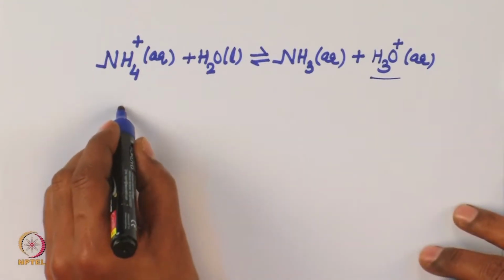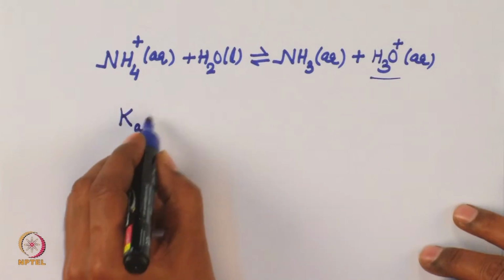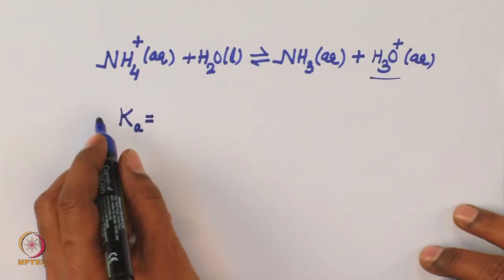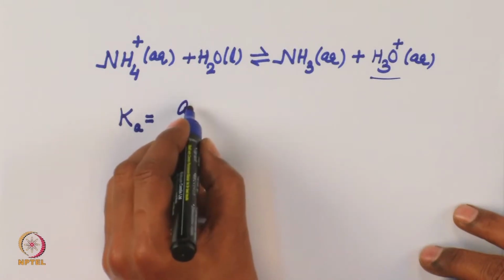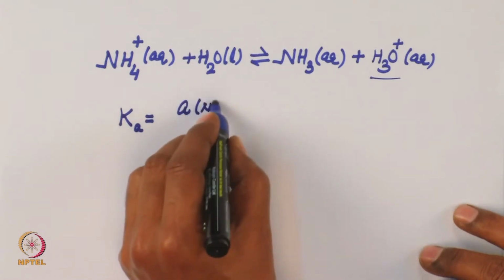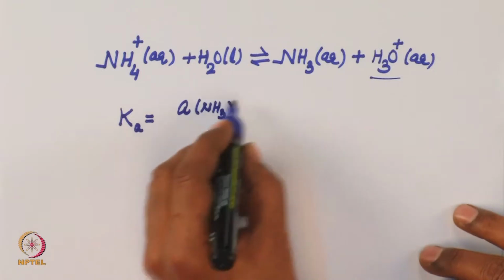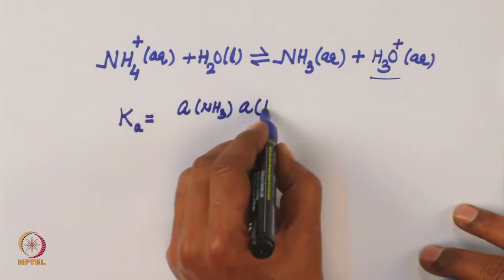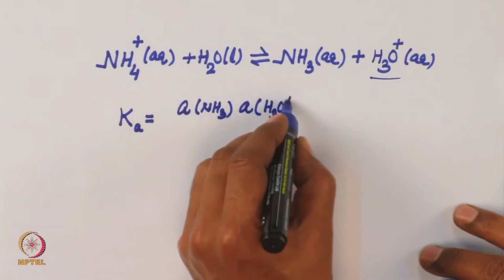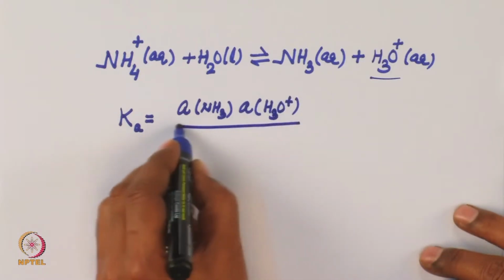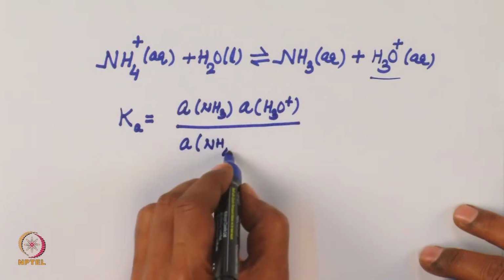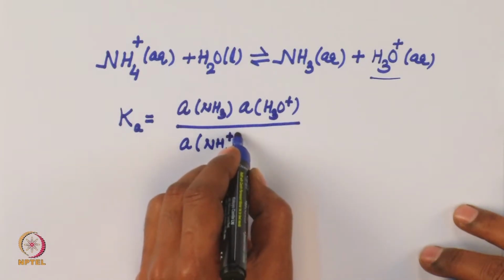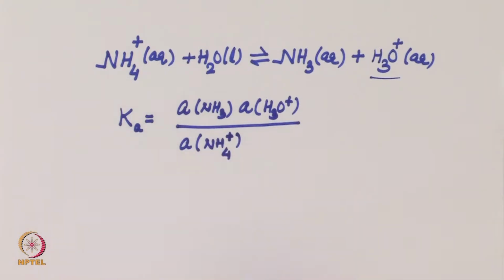So, let us write down an expression for its Ka, which will be activity of ammonia, activity of H3O plus, activity of NH4 plus. Water we take as 1.